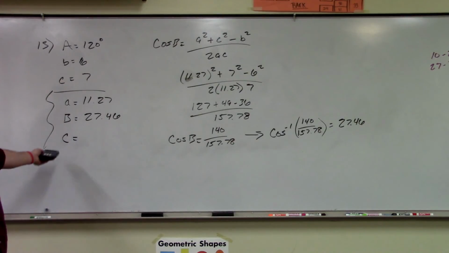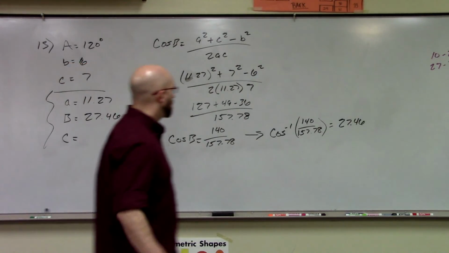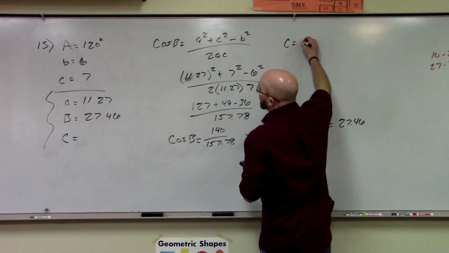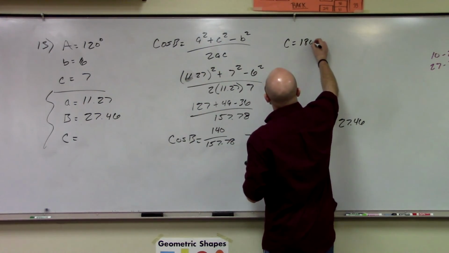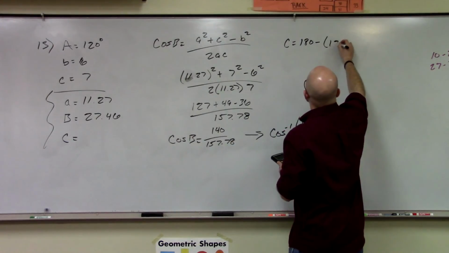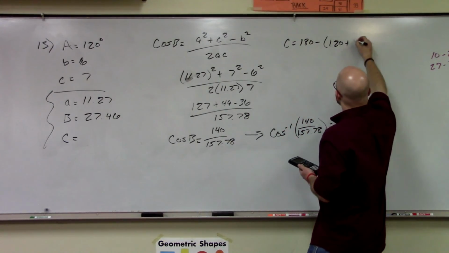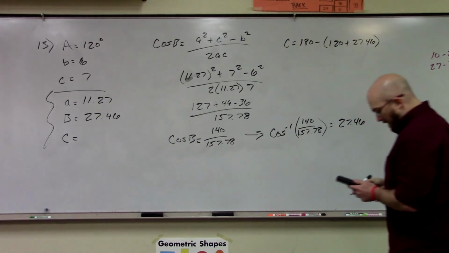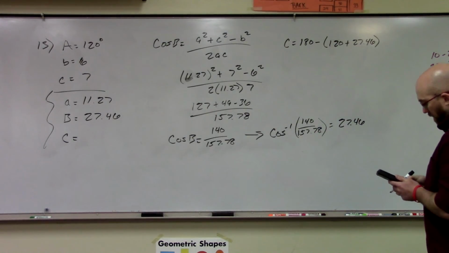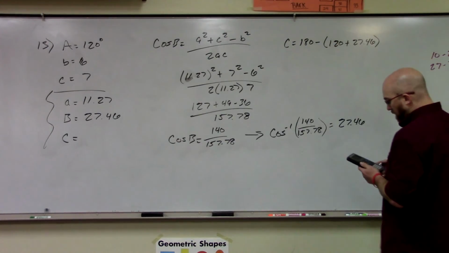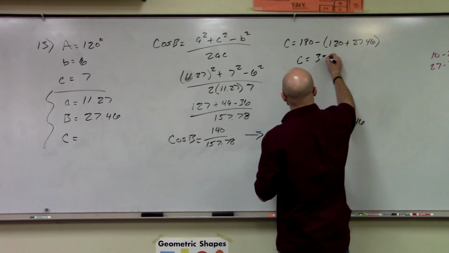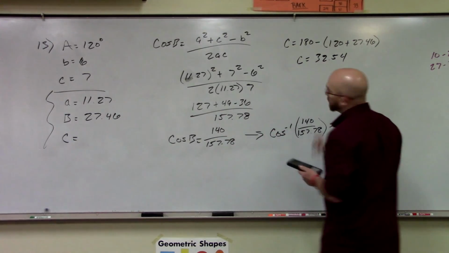Okay, again, I just need to find another angle C. So what I'm going to do is angle C equals 180 minus 120 plus this new number we found. And I get C equals a nice 32.54.